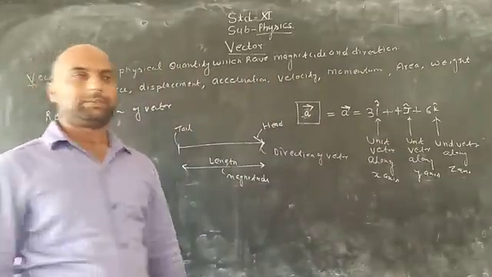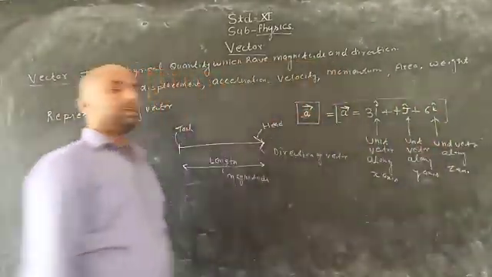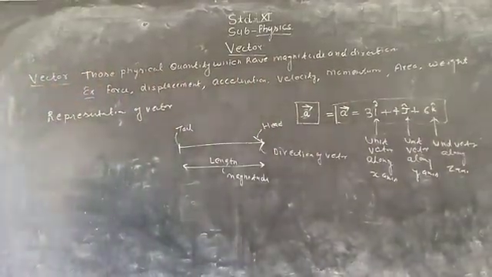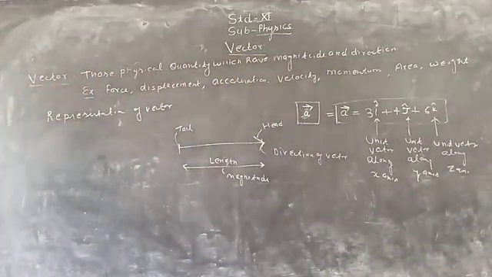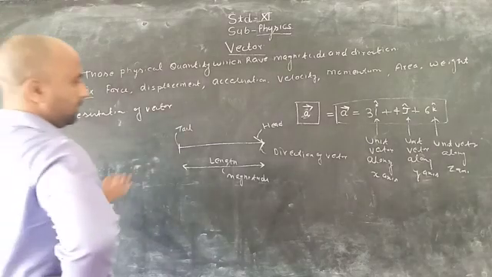We simply represent any vector in the format of 3i plus 4j plus k. i cap represents the direction of the vector along the x-axis, j cap represents the direction along the y-axis, and k cap represents the direction along the z-axis. These are the representations of vectors.